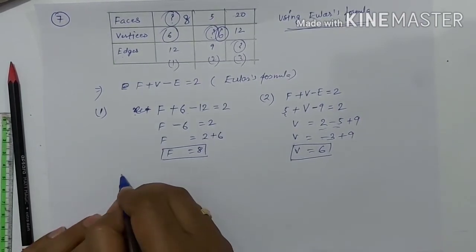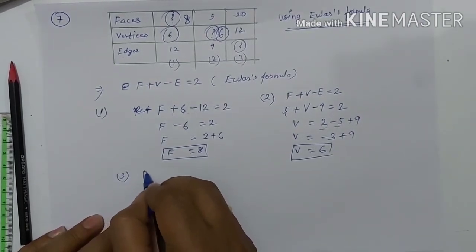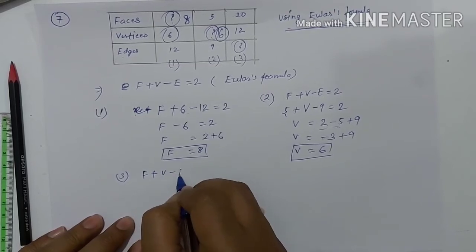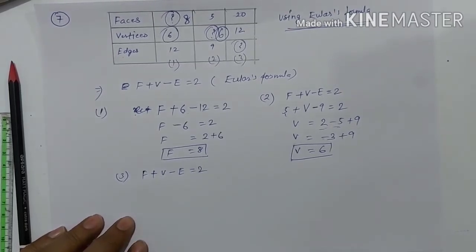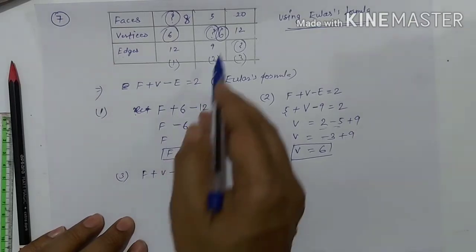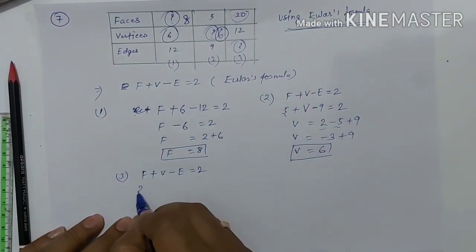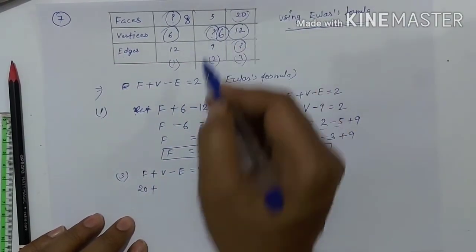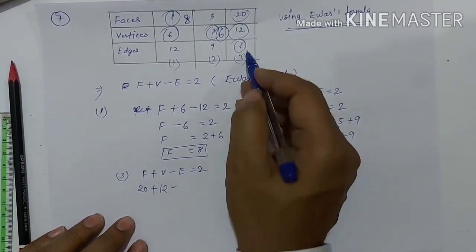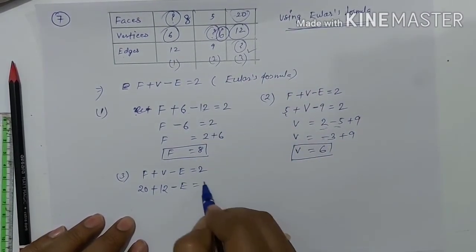And third is F plus V minus E is equal to 2. The face is given 20, vertex is given 12, edges is not given, equal to 2.